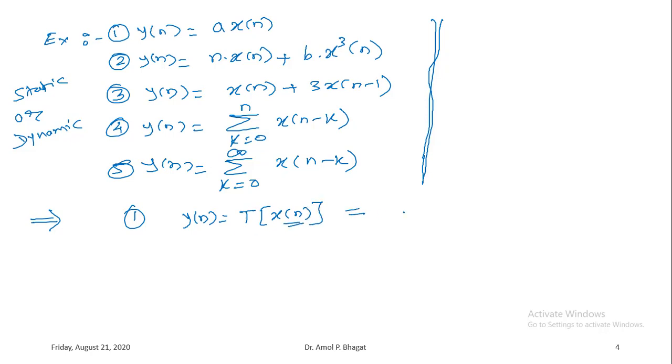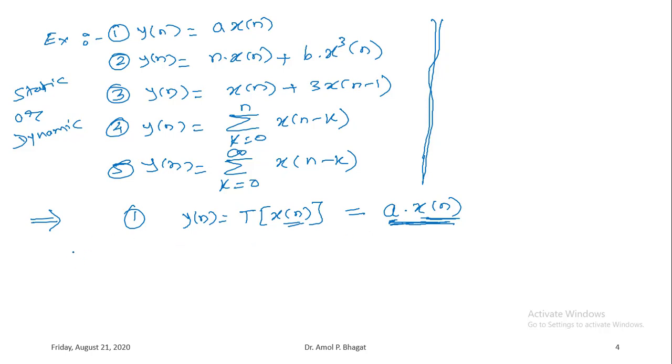The input is getting scaled with the constant a, multiplied with some constant small a. So this is the output. If you observe this output, it depends only on the current input sample, and does not include any past or future input samples.